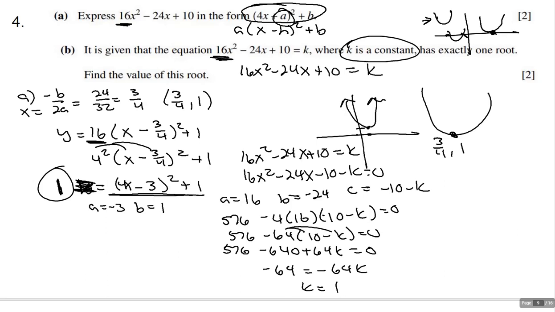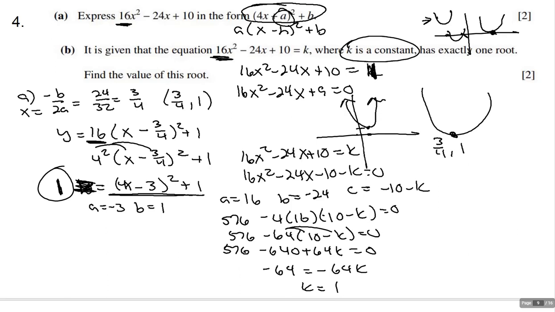Then we can go ahead and solve this thing. And again, you could just use your calculator, but if I make this a 1, when I subtract it on both sides, it's going to be 16x squared minus 24x plus 9 equals 0. And why don't you go ahead and use your calculator?